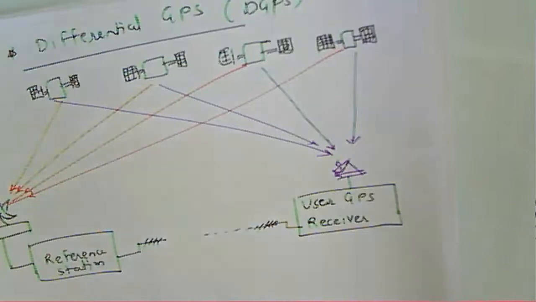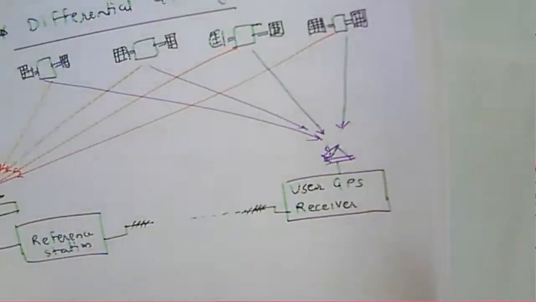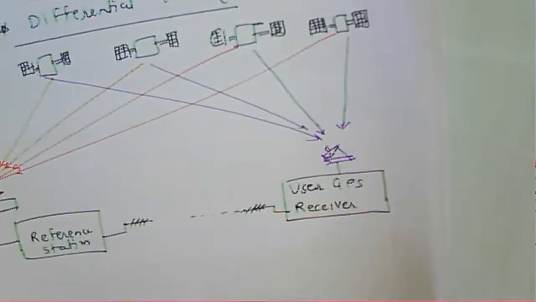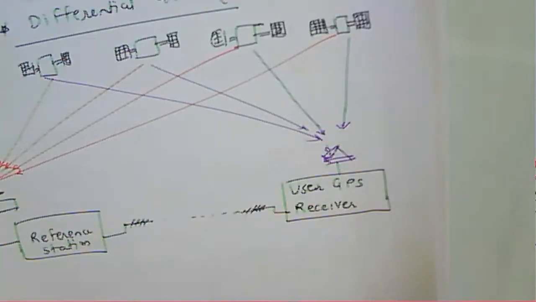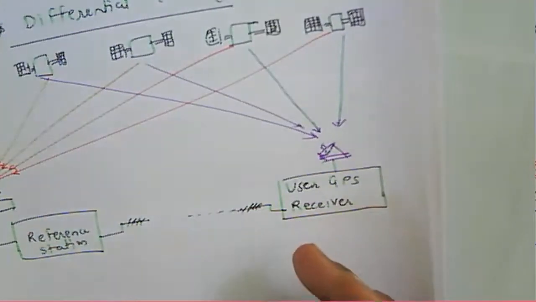If you consider the Indian navigational system, they use the L5 signal, and the satellite sends the information on two carriers, 1561 megahertz and 1207 megahertz, and everything else is the same as what we have learned for the US navigational system.